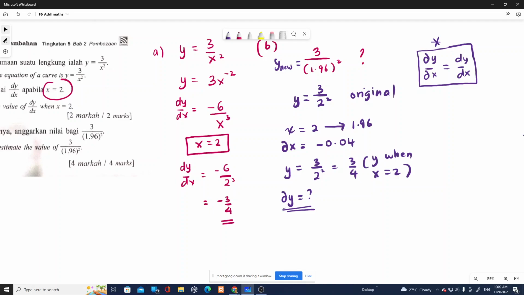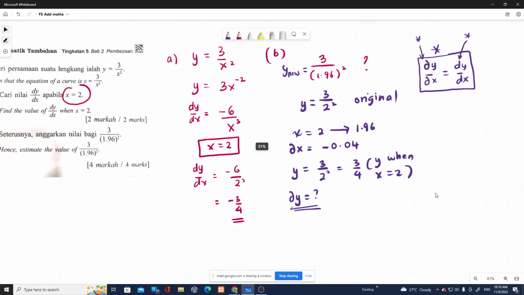What's the difference between delta and d? D is the differentiation, that's what you do, dy dx. Delta means a small change. The theory part, you don't have to worry about. What's important is you know this one first: delta y over delta x equals dy over dx.